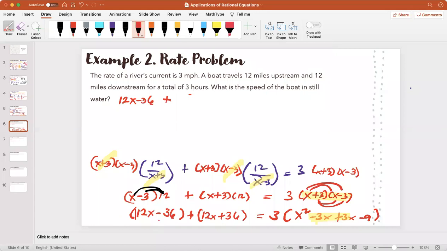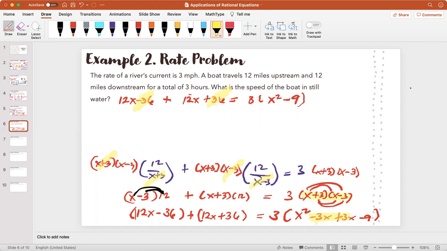Let's continue. Since the operation between these two expressions on the left side is addition, we can simply get rid of the parentheses without changing the signs, right? So that would be 12x plus 36 equals now 3 times x squared minus 9, because we already canceled negative 3x plus 3x. But we can also cancel here negative 36 plus 36, and that is 0, right?